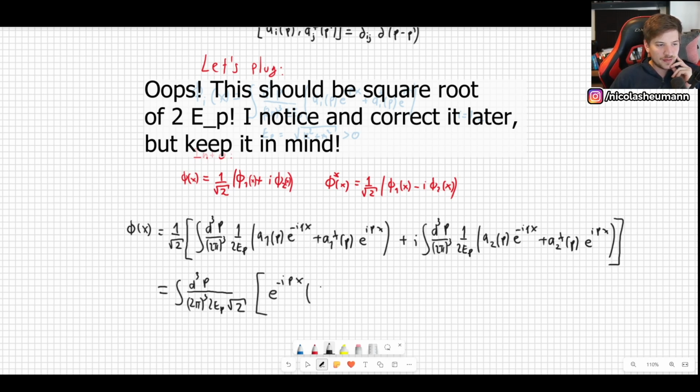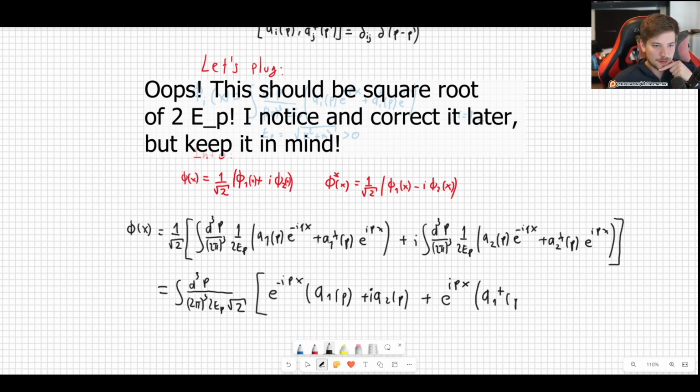So here we will have a_1(p) and a_2, so a_1 plus, or rather plus i a_2. So there's an i right there, so let's not forget about it. Then we have everything that has e^(ipx), and here we would have a_1 dagger plus i a_2 dagger.